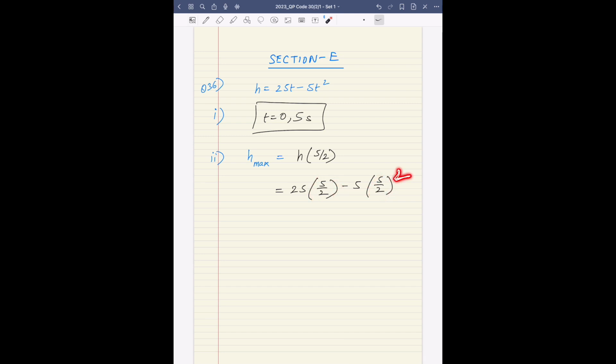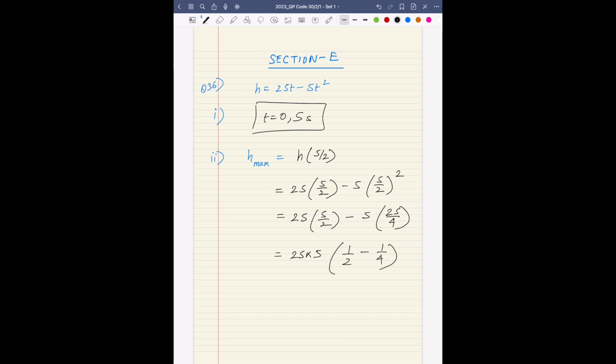But you do have indices, so do not do any other operation, at least for this thing, right? And I'm going to keep 25 into 5 by 2 as it is, I'll tell you why. Minus 5, 25 by 4. I see 25 into 5 is common in both. So I'll take it outside so that my fraction now becomes half minus 1 by 4.